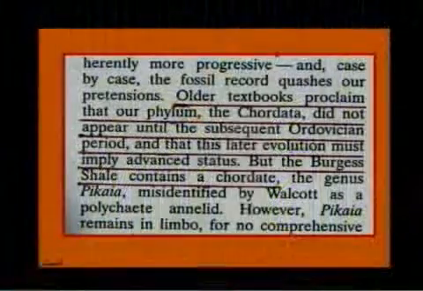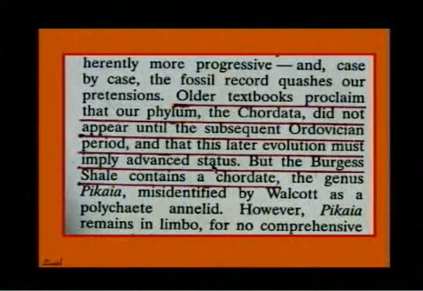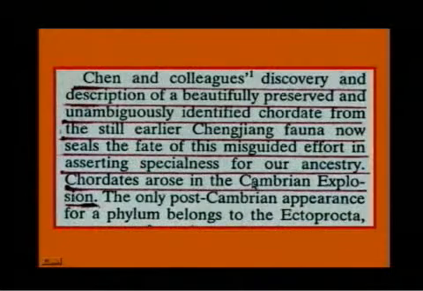So older textbooks proclaim that our phylum, the Chordata, did not appear until the Ordovician period, and that this later evolution must imply advanced status. But the Burgess shale contains a chordate. What does that mean? Well, they identified a chordate from the Chengjiang fauna and now seals the fate of this misguided effort in asserting specialness for our ancestry.